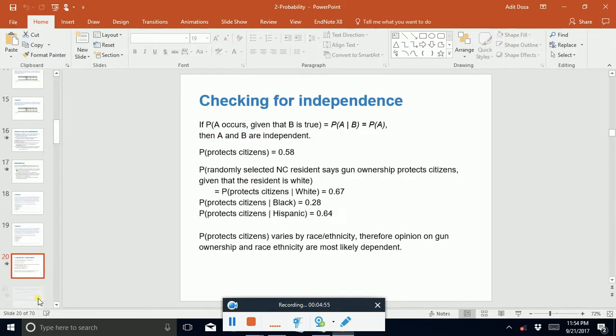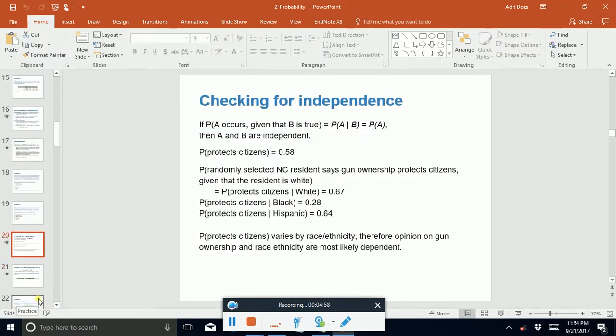Okay, so checking for independence. If the probability of A occurring given that B is true, which we write as P(A given B), equals P(A), then A and B are independent, right? I will actually go over this in class.